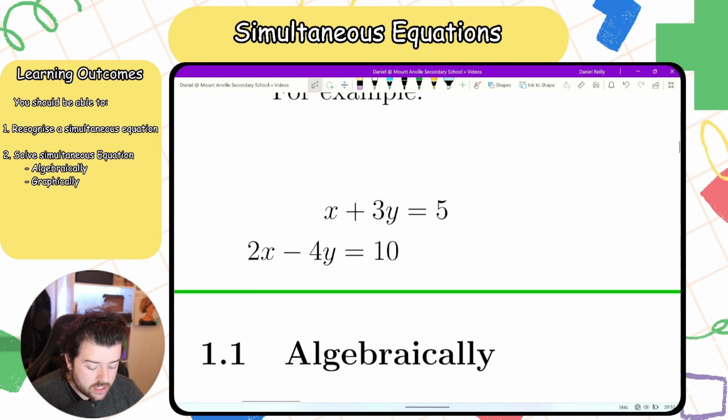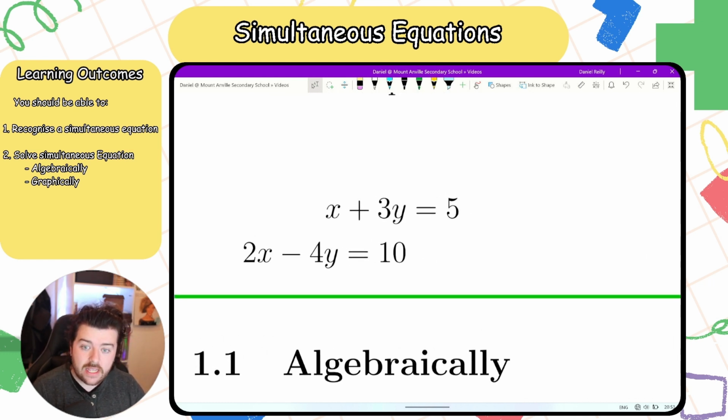We want to find out which value of x and which value of y satisfy both equations at the same time, because these equations have all different solutions.